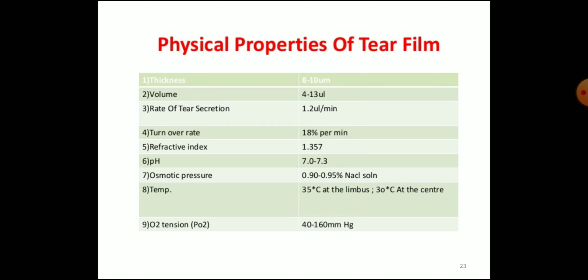Volume 4 to 13 microliters, rate of tear film secretion 1 to 2 microliters per minute, refractive index 1.357, pH 7 to 7.3, osmotic pressure equivalent to 0.90 to 0.95% sodium chloride solution, and temperature 35 degrees centigrade at the limbus and 30 degrees at the center, and oxygen tension PO2 40 to 160 millimeters of mercury. So these are the physical properties, the secretion volume, pH, etc.